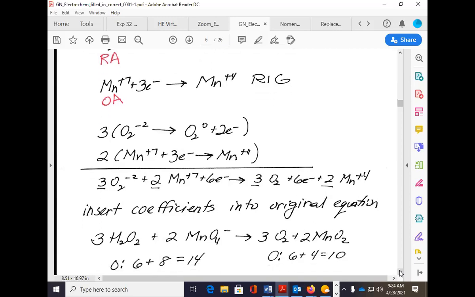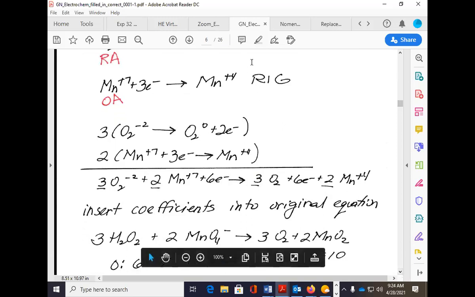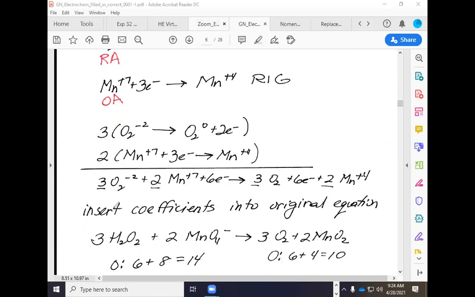Okay, so let's take a look at what we have as far as the oxygens. We've got 3 times 2, that gives us 6. 2 times 4, that gives us 8. So we have 14 oxygens on our reactant side. We've got 3 times 2, which gives us 6, plus 2 times 2, that gives us 4.